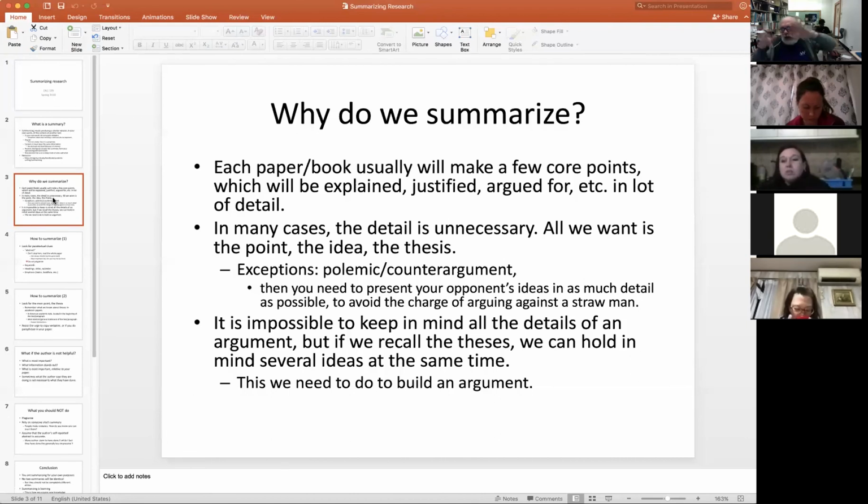To remember 150 pages of text is much, much harder. So when you're building an argument, having these micro summaries of an article is really useful because it allows you to stitch together these mini summaries for a bigger argument. So summarizing is not just for your literature review, but also to build an argument, to make a point. It works both places.